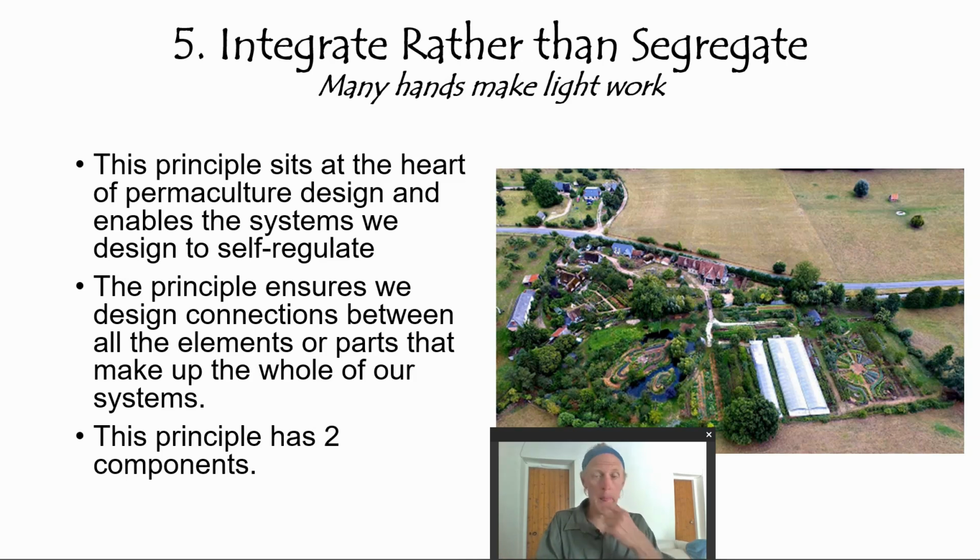And so this principle, in order to achieve this, has two components. It's very important to understand this. And you can see here is an integrated ecosystem that is designed in our favor. It is a cultivated ecosystem. And you can see the pattern language of it is completely different to the system around it.